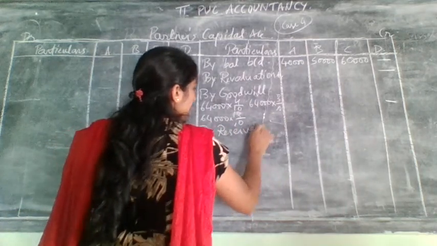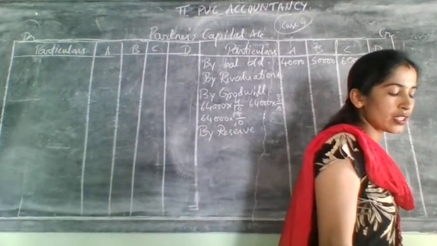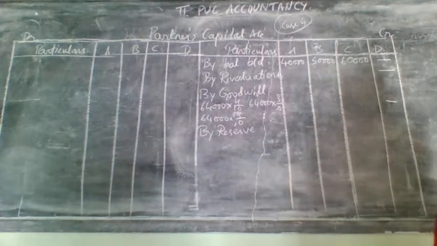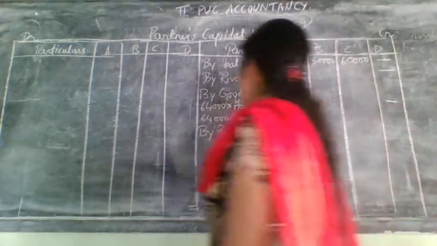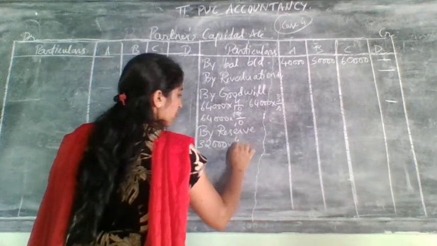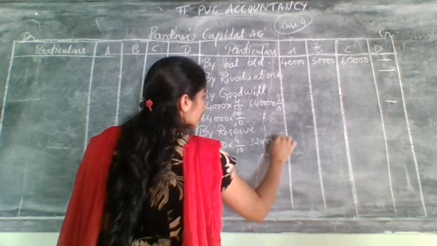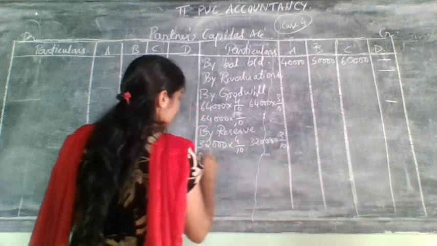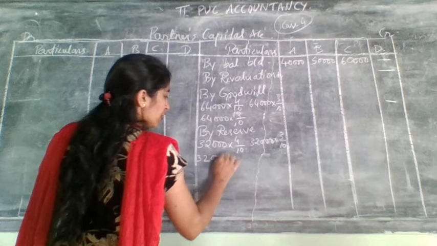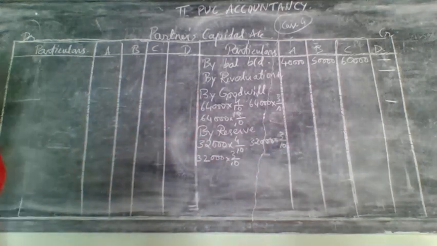And again distribute this 32,000 among old partners in the old ratio: 4/10, 32,000 into 3/10, next again 32,000 into 3/10. So write it for all the 3.